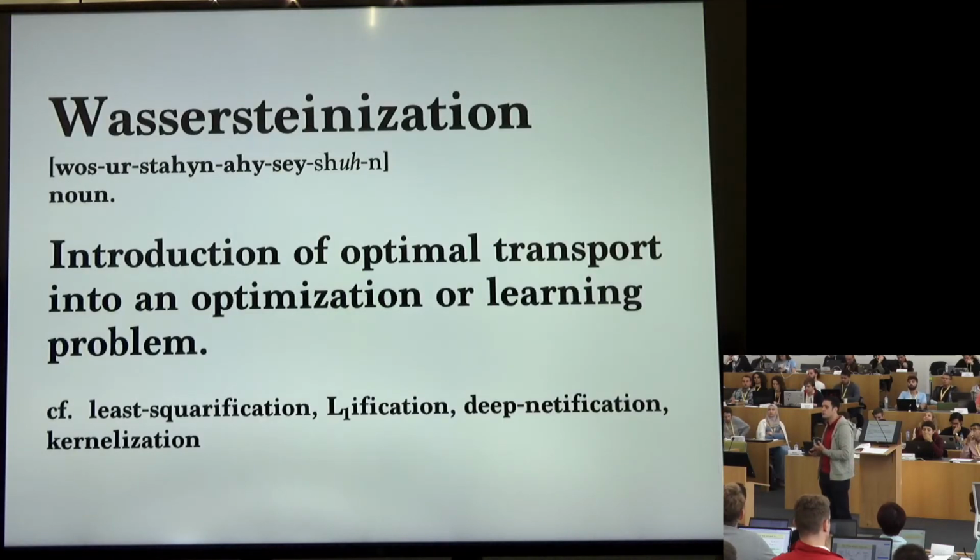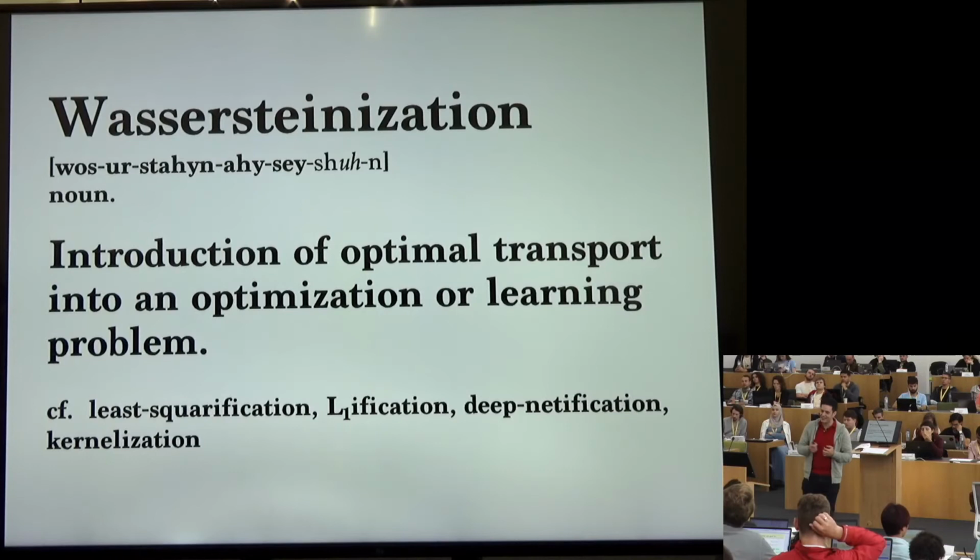So let me just show you, I have a slide. This slide is actually by Justin. We gave a NeurIPS tutorial in 2017. He liked this. So actually you probably recognize it because you had the Gram matrices and kernel tricks slide yesterday. So this is Wassersteinization. This is copyright Justin.